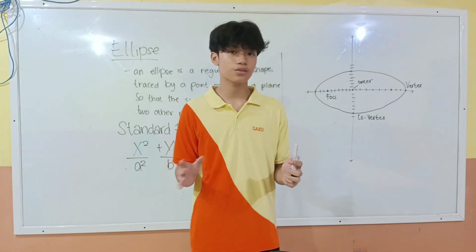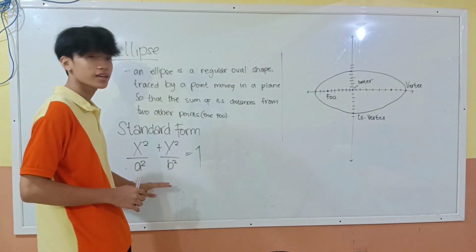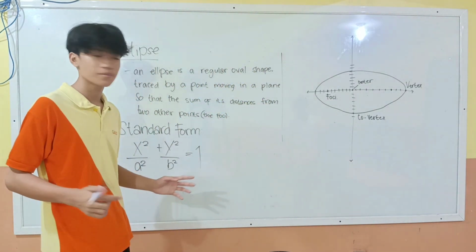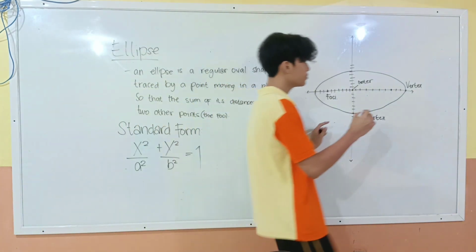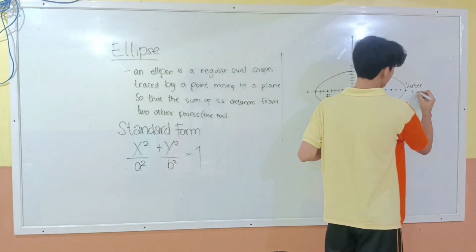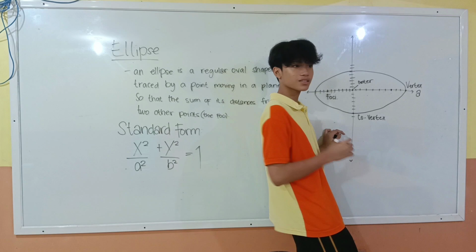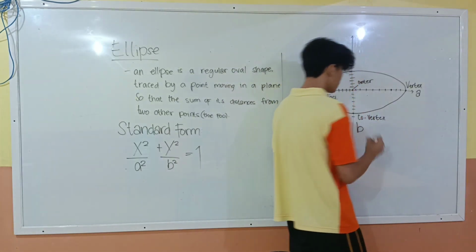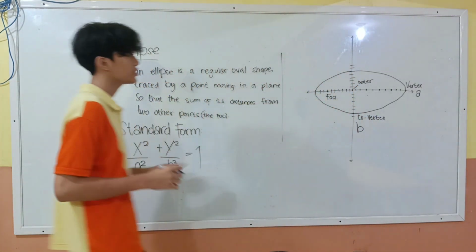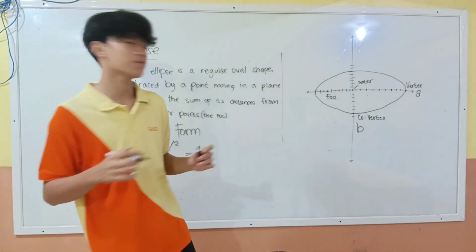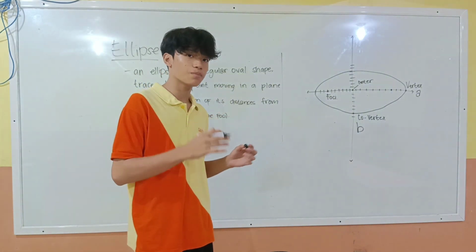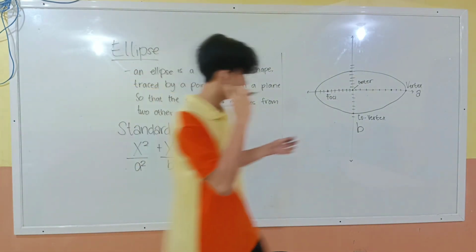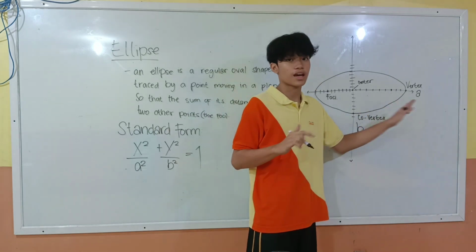So what I like to do to easily understand our standard form, I would make my vertex A, then my co-vertex B. Why? Because vertex is always the larger value. So vertex is actually your longest axis.